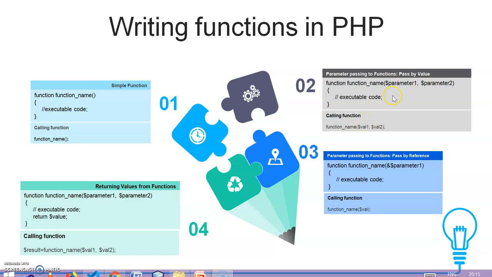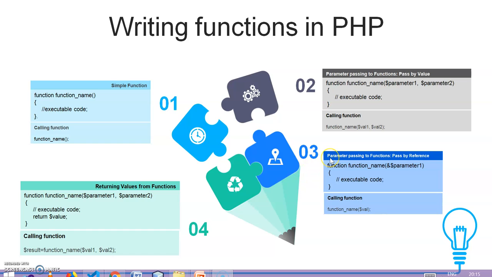So there will be a separate copy of the values inside the variables pointed to by parameter 1 and parameter 2. If in this executable code we change the values of parameter 1 and parameter 2, that will not reflect on value 1 and value 2, as it is pass by value.